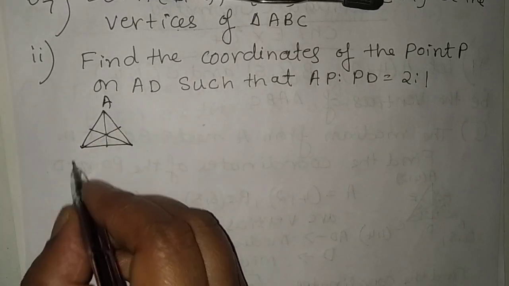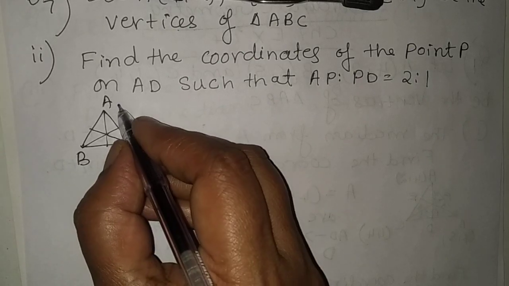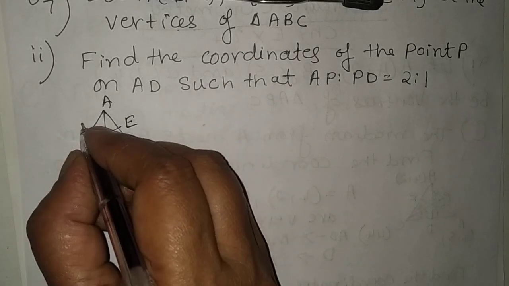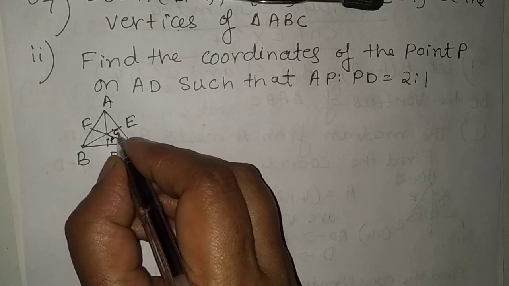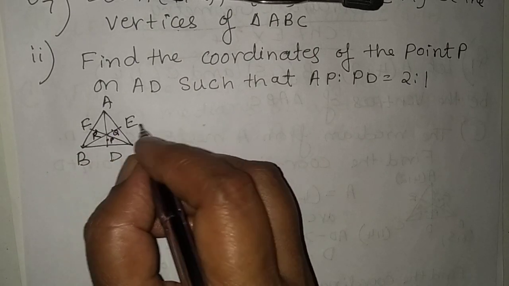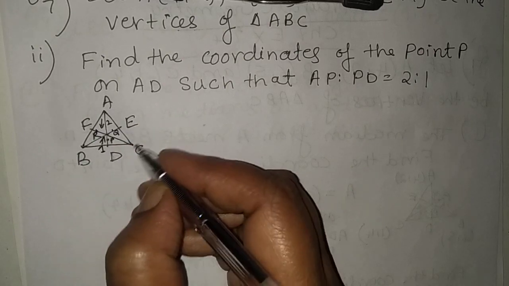So this is A, B, C, D, and this is E, F, here P, Q and R, this is 2 and this is 1.